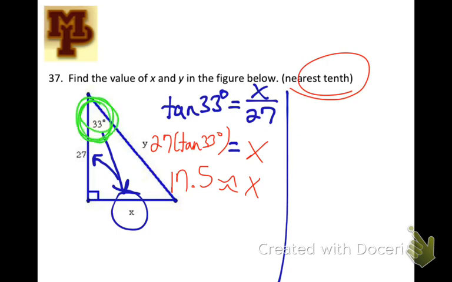If we want to solve for y from that angle, we have the adjacent, and then we have the hypotenuse, because it's across from the 90-degree angle. So adjacent over hypotenuse, that's a cosine relationship. So cosine of 33 is equal to 27 over y.